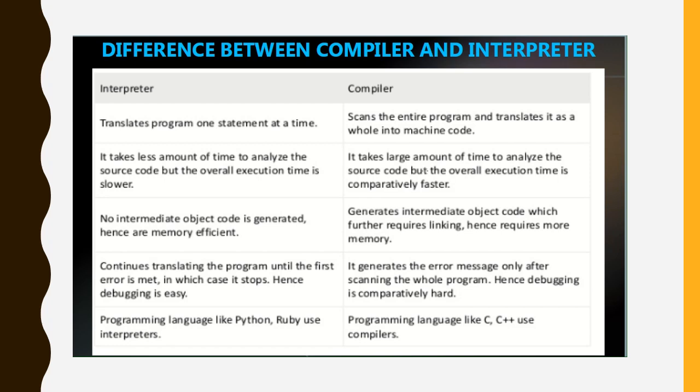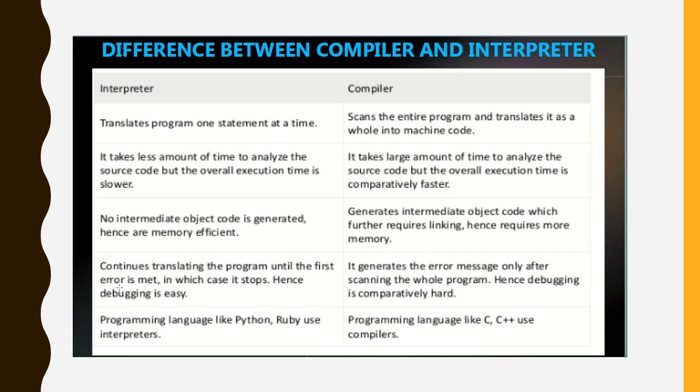That's why it becomes what? Faster. In an interpreter, no intermediate object code is generated, hence it is memory efficient. A compiler generates intermediate object code which further requires linking, hence requires more memory. Okay, in an interpreter the object code is not generated, so it is memory efficient, but in a compiler the object code is generated, that's why more memory is required.